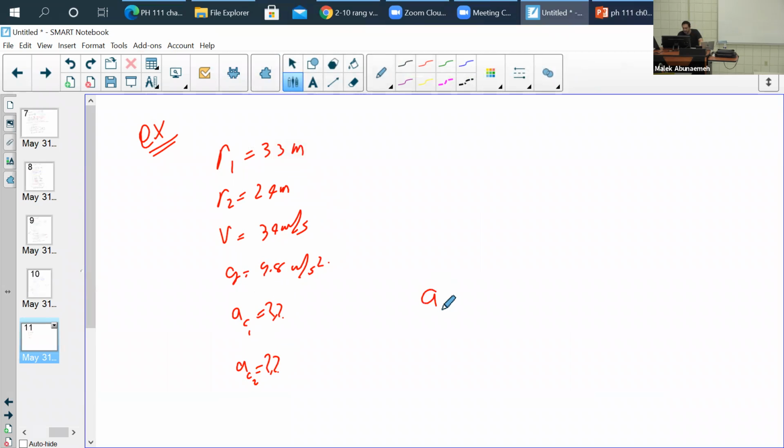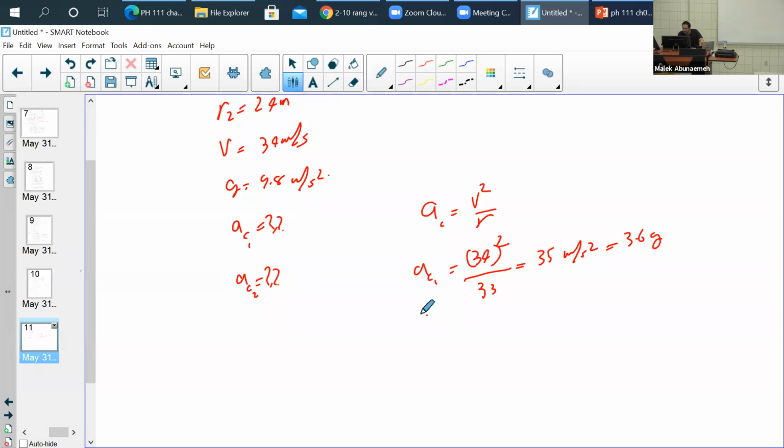You know that we said the centripetal acceleration is going to equal v squared over r. That means AC1 is going to equal 34 squared divided by 33. This is going to equal about 35 meters per second squared, divided by 10, so you get almost 3.6 g, or 3.5 g.